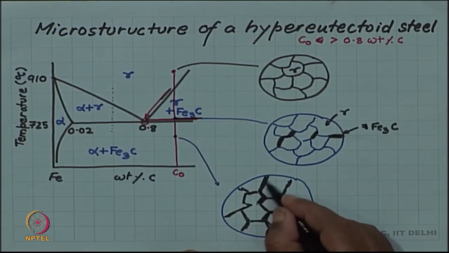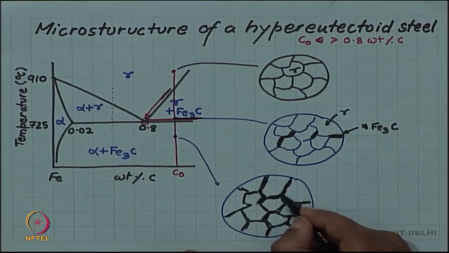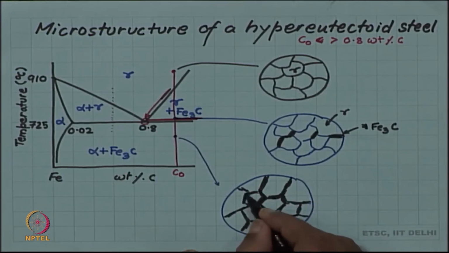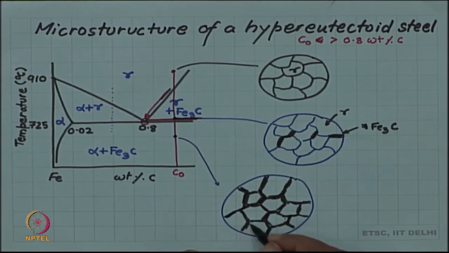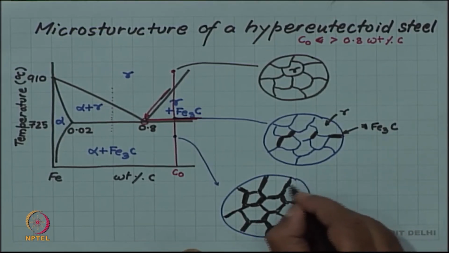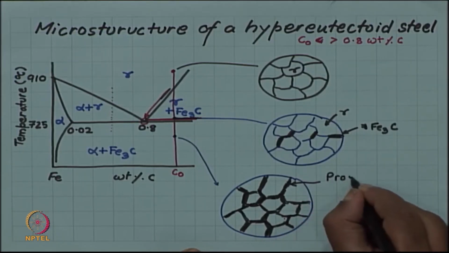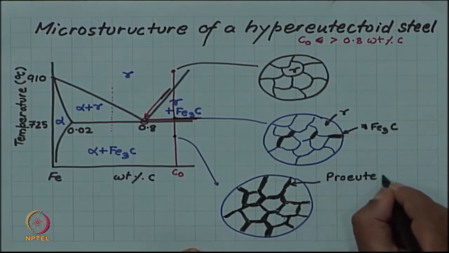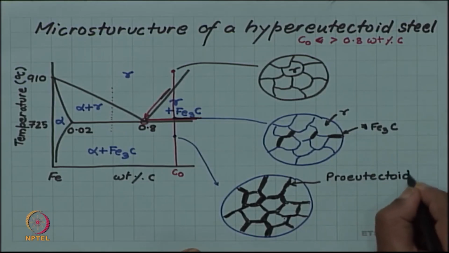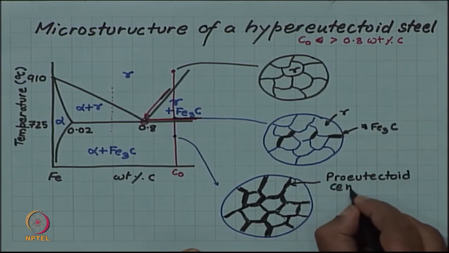I am assuming that the composition is such that there is sufficient Fe3C to form along all grain boundaries. So, you will have a grain boundary network of Fe3C, but this Fe3C, using the same nomenclature, will now be called proeutectoid cementite.